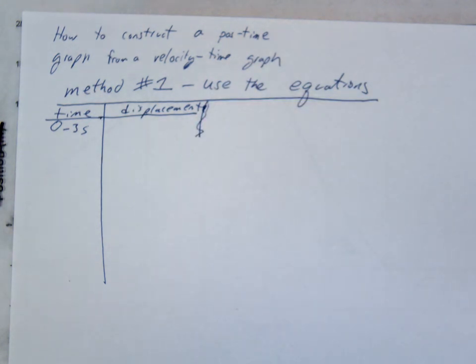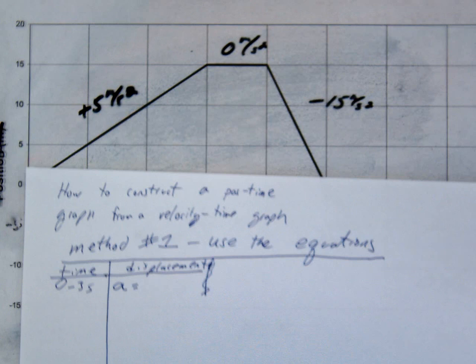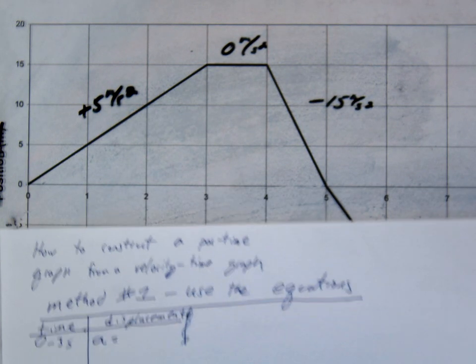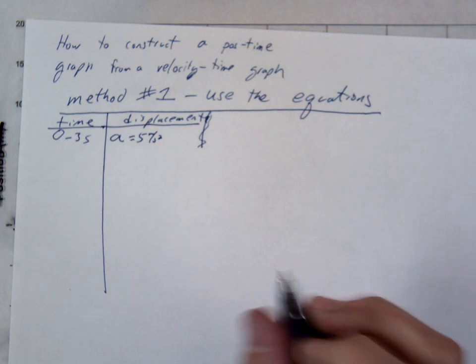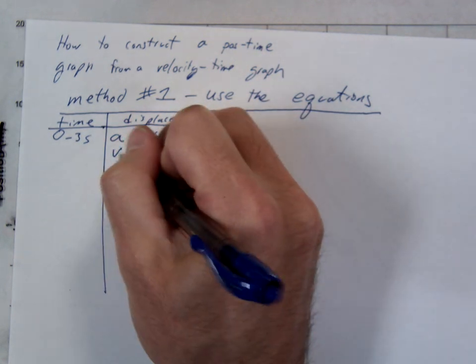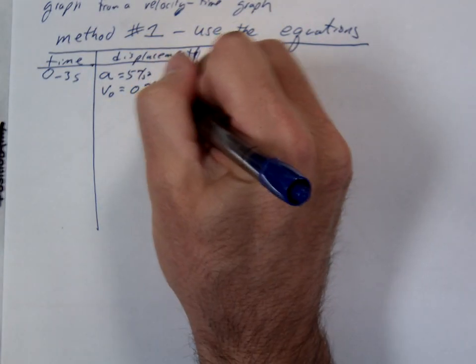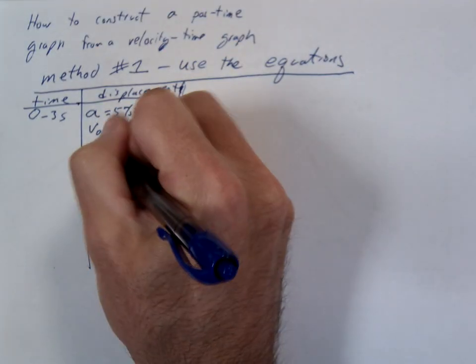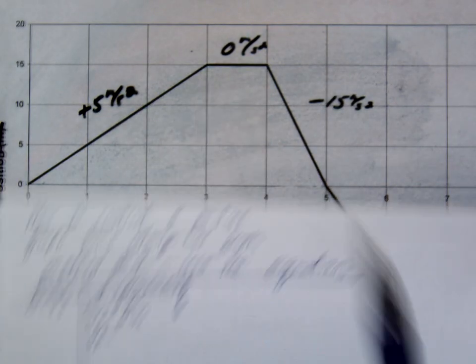To use our equations, we should write down our givens. Well, we just found the acceleration, right? What was the acceleration from 0 to 3? 5. Okay. What's the initial velocity? That would be the velocity at 0. What's our final velocity? That would be the velocity at 3. 15.